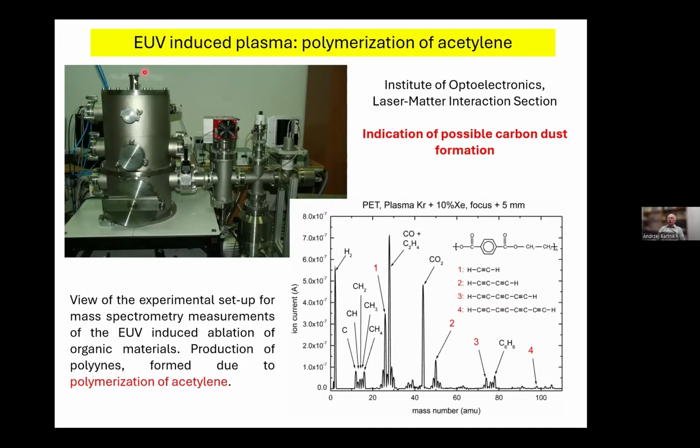I'm showing again this system, which is similar to the system operating with synchrotron. This system was used for interaction of the EUV beam with polymers, and the polymers were fragmented into volatile parts, and these parts formed the low temperature plasma.